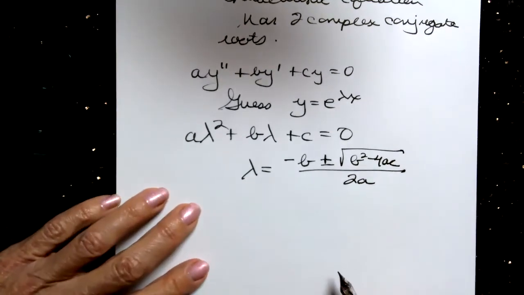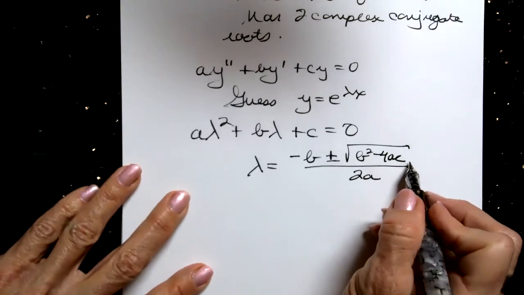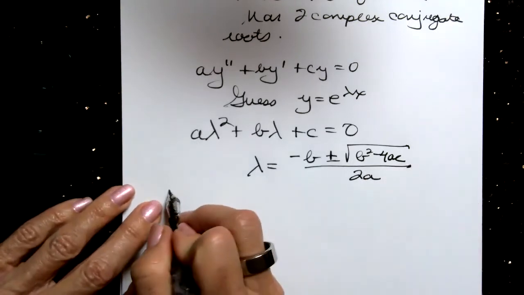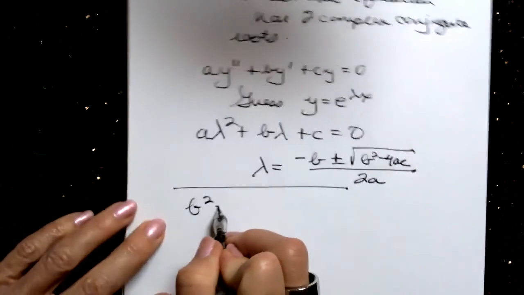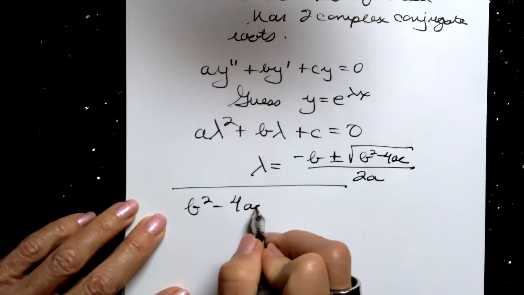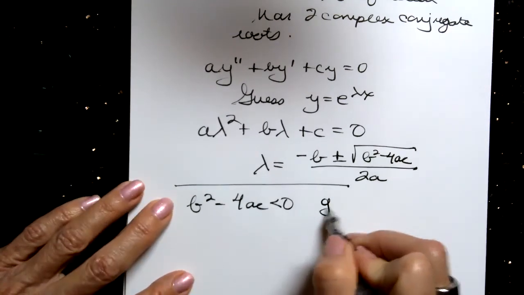Last time we did the case where the discriminant was positive, and so you got two real distinct roots. In this video, we're looking at the case where b squared minus 4ac is negative, and so you get two complex conjugate roots.